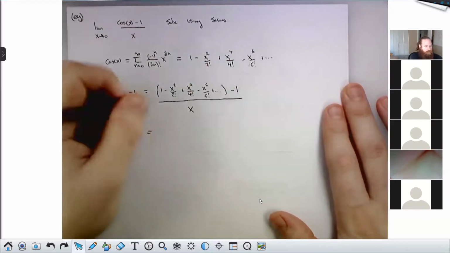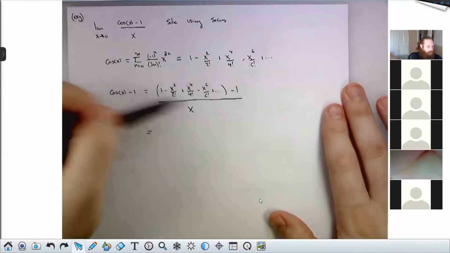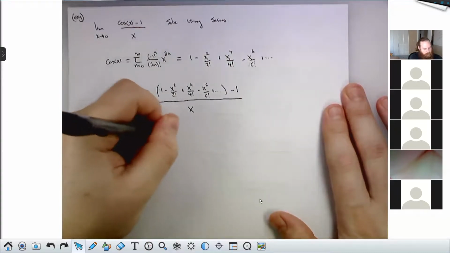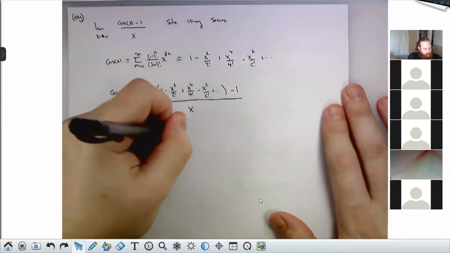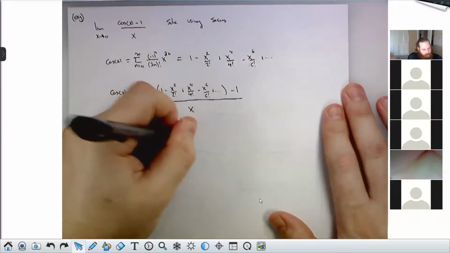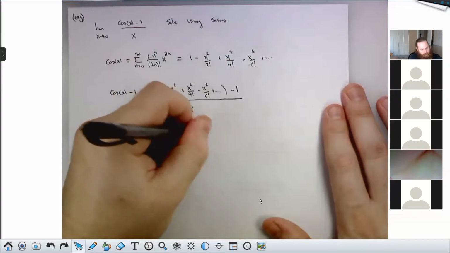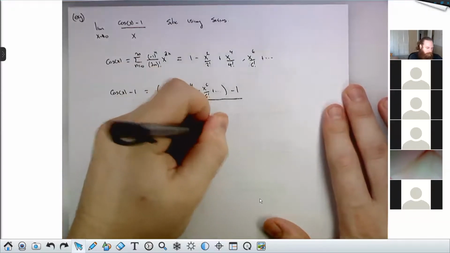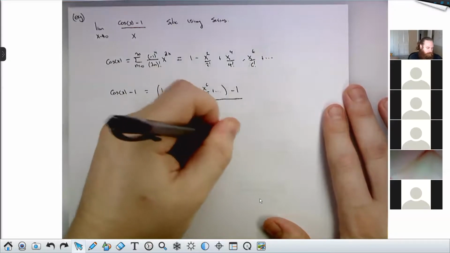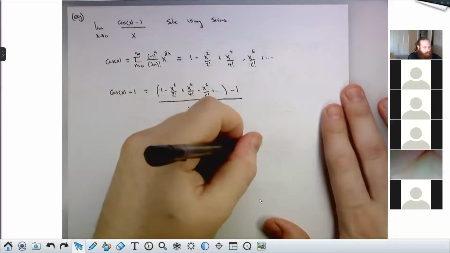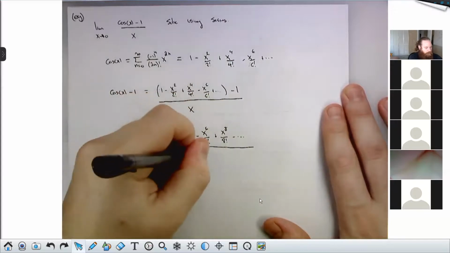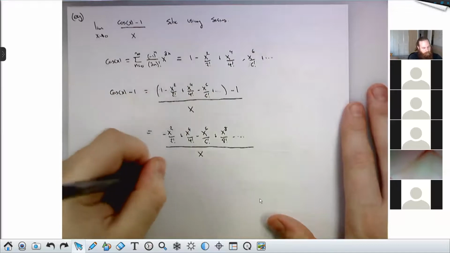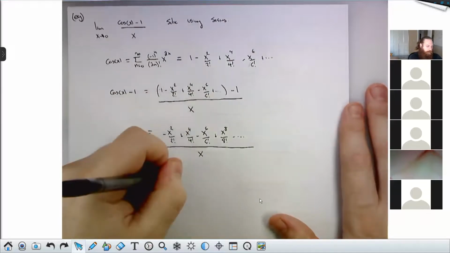And of course, if you subtract 1 from all this, this 1 and this 1 will cancel, and you get negative x squared over 2 factorial plus x to the 4 over 4 factorial minus x to the 6 over 6 factorial plus the next term here would be x to the 8 over 8 factorial, and so on. All of this is being divided by x, which is the same as multiplying all of that stuff by 1 over x.